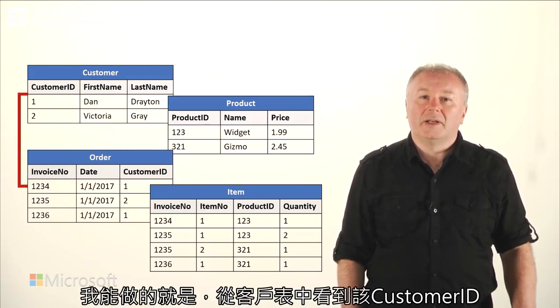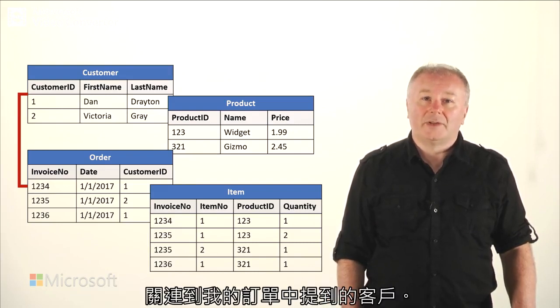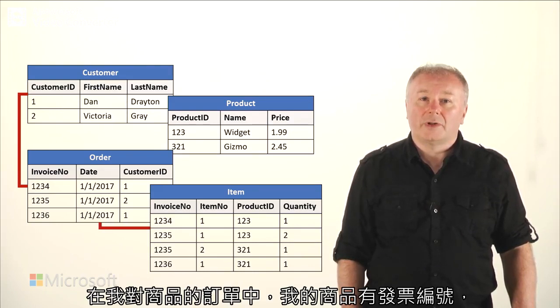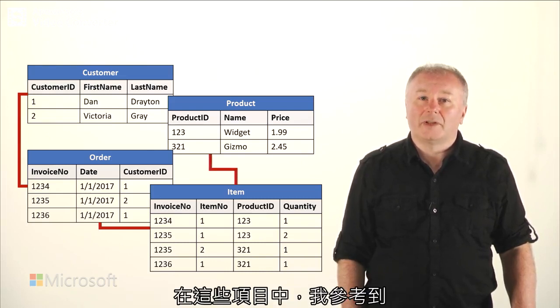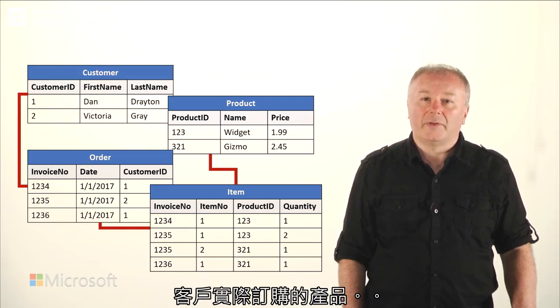And what I can do is I can see that that customer ID from my customer table is related to the customer that's mentioned in my order. And my items refer to the invoice number in my order, so I know which items belong to which invoice. And within those items, I'm referencing the product that's actually been ordered by the customer.